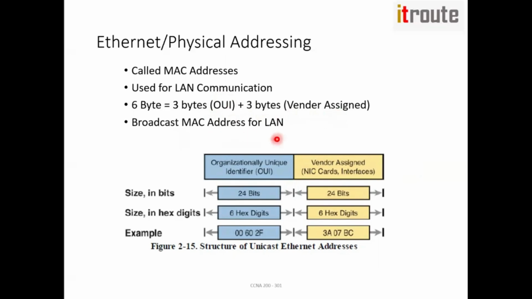So there is a broadcast MAC address for LAN. That means we do broadcasting in our local area network with this MAC address. A MAC address is written in hexadecimal format. Usually it looks like this: 00602F3A07BC.